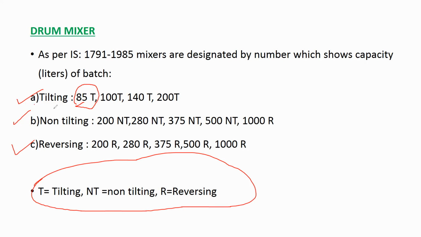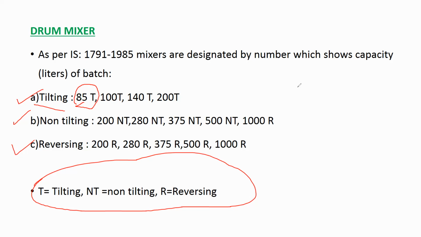The name itself indicates it. Tilting means the machine will tilt. What do you mean by tilting? How to explain?